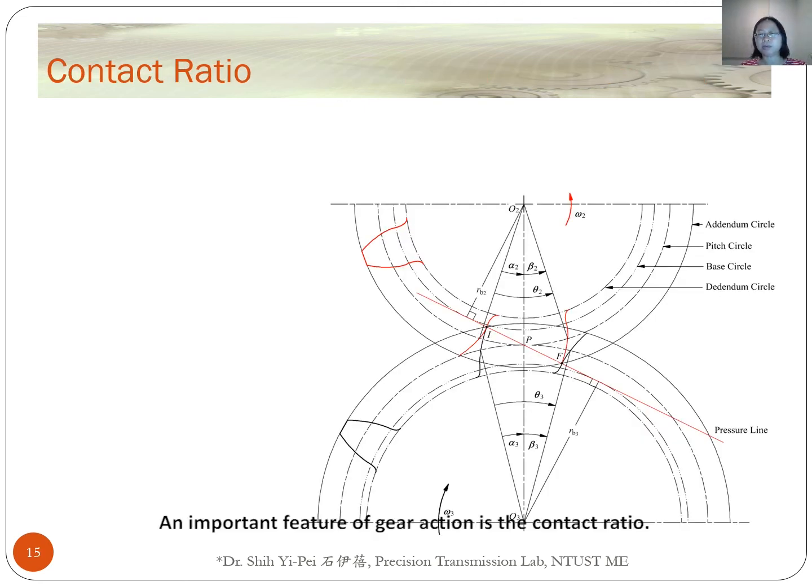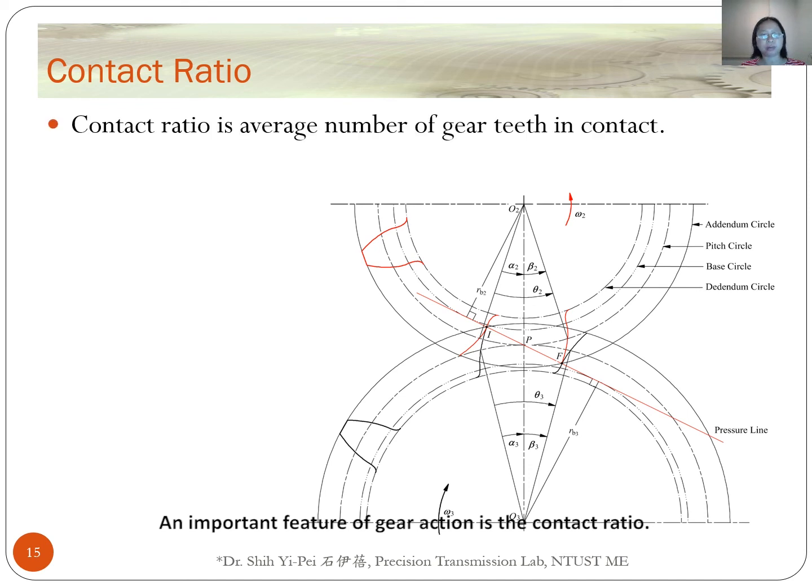An important feature of the gear action is the contact ratio. The contact ratio is the average number of the gear teeth in contact. Thus, a contact ratio of 1.2 indicates that one tooth pair is contacting 80% of the time, and two pairs 20% of the time.